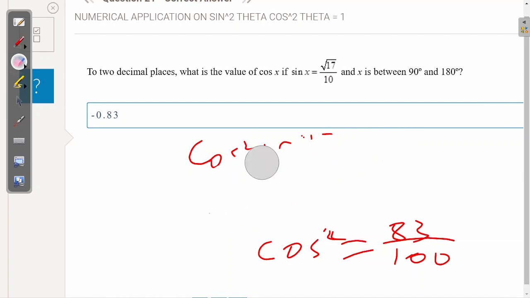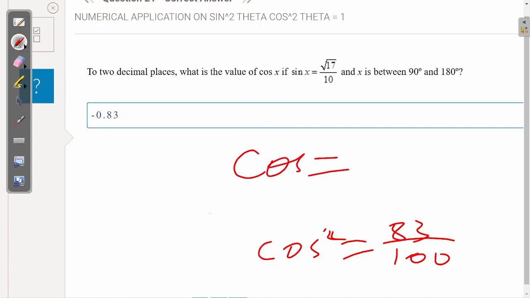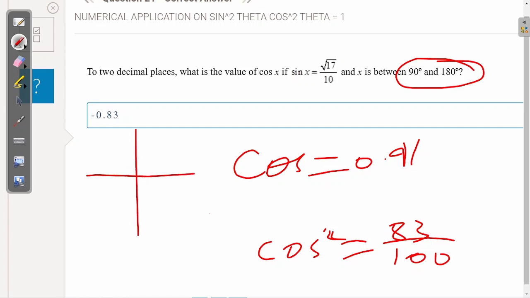They want cosine x, so you square root, so cosine equals, with the calculator, 0.91.